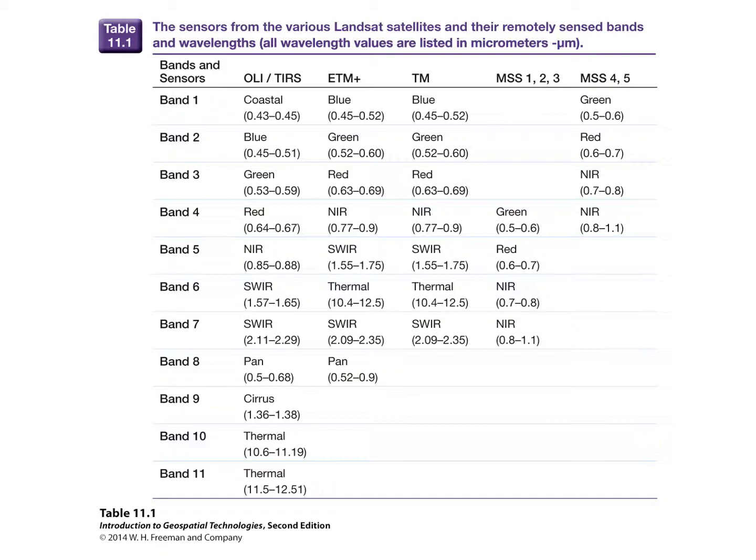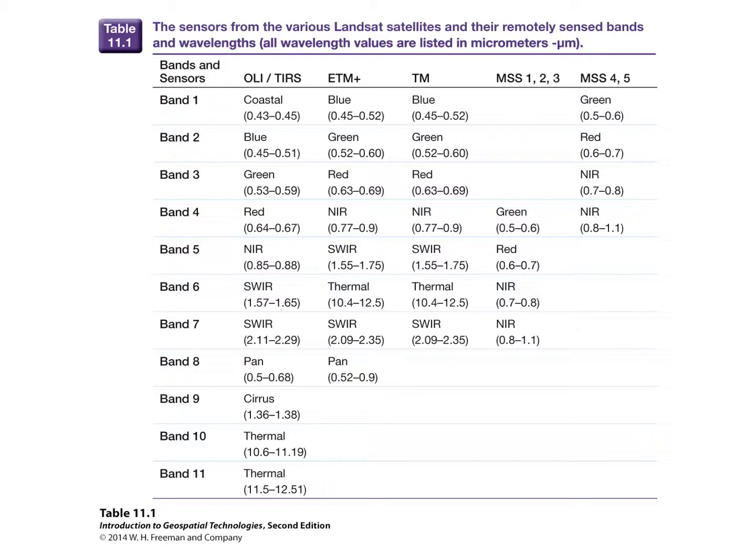So, for example, some of the Landsat satellites will have the OLI TIRS instrument, and that particular instrument allows it to collect 11 bands, one being a coastal, a blue, a green, a red, a near infrared, a shortwave infrared, a second shortwave infrared, a panchromatic, a cirrus, a thermal, and a second thermal band. Each of these collecting different information that you can use for remote sensing.